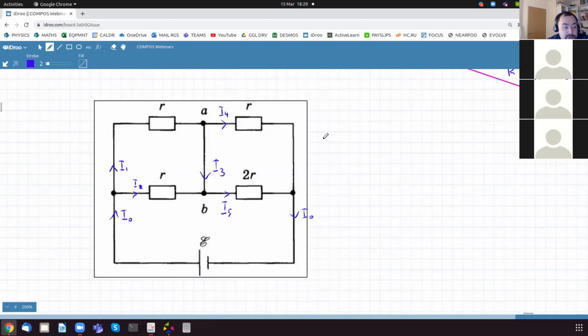So using Kirchhoff's laws, for the 4 junctions, you could write it. So I'm just going to write it. I0 is I1 plus I2 plus I2. So this is Kirchhoff's first law. Although obviously there's going to be 4 equations and not all of them are necessary, I'm just going to write them out for the sake of it. For junction A, I1 is I3 plus I4.